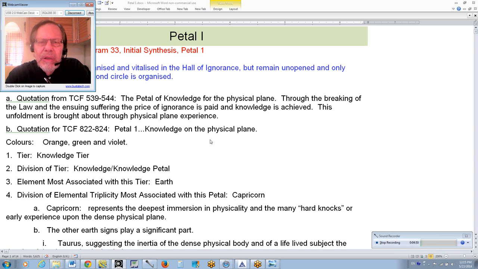If they do work in the area of the fourth petal, which I consider to be kind of a middle Aryan petal, I think that would be a big stretch. But sometimes the Tibetan is going to give general statements, and then when one looks more closely into the matter, one will see that they need to be adjusted, or our understanding of them needs to be adjusted with a greater finesse.